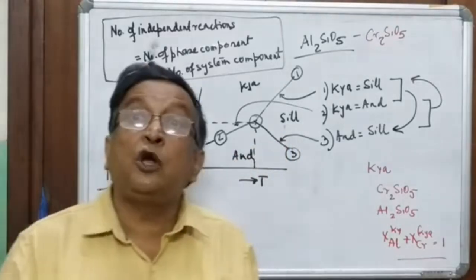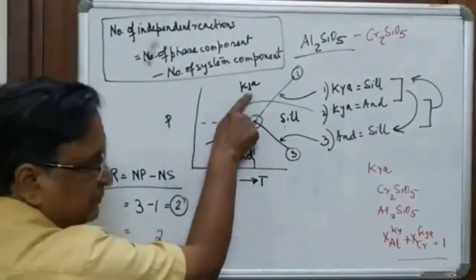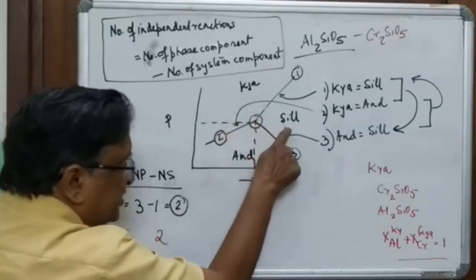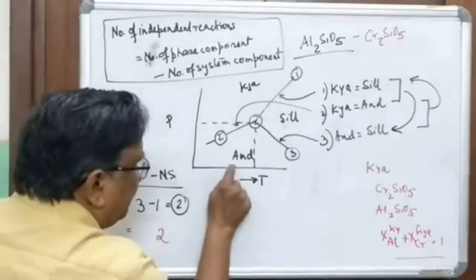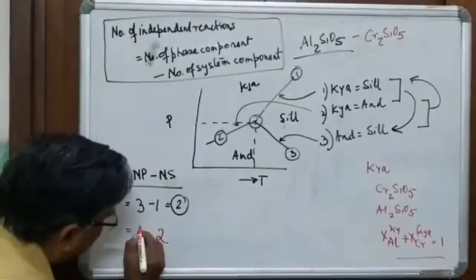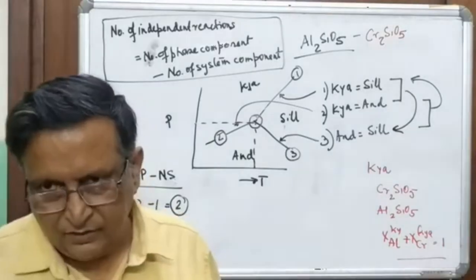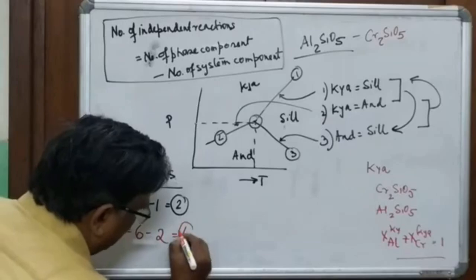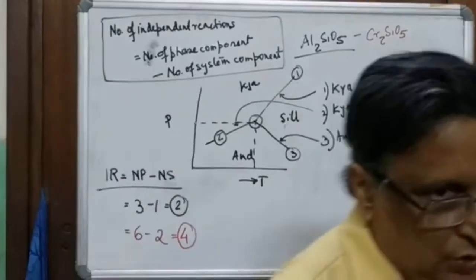So how many phase components are here? 2 for kyanite, Al2SiO5, Cr2SiO5. 2 for sillimanite, Al2SiO5, Cr2SiO5. 2 for andalusite, Al2SiO5, Cr2SiO5. So the phase components are 6. 6 phase components minus 2 is equal to 4.